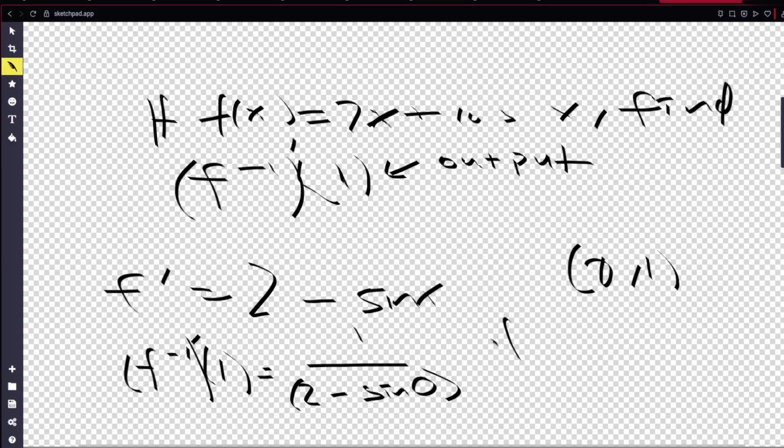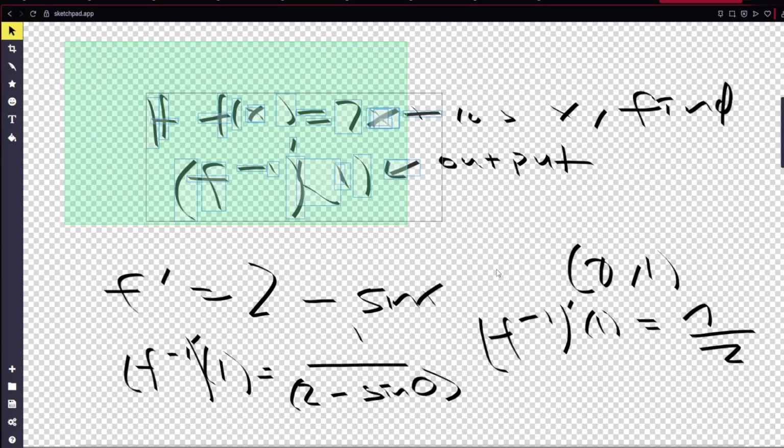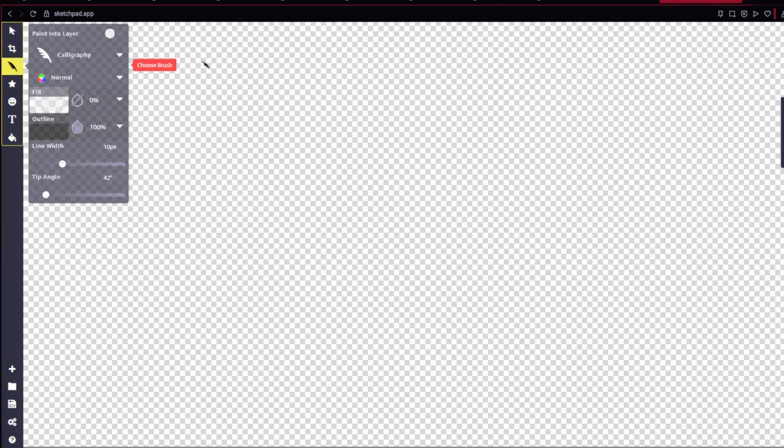So that means that the derivative of the inverse function at 1 is going to be equal to 1/2. So that's pretty simple there. Just difficult to wrap your head around the proof, but it's whatever. That one's just quite simple.